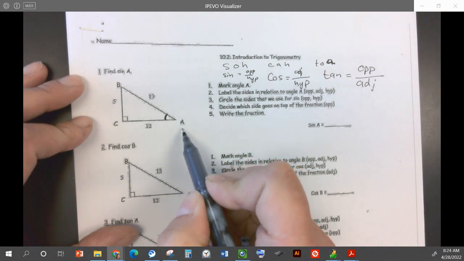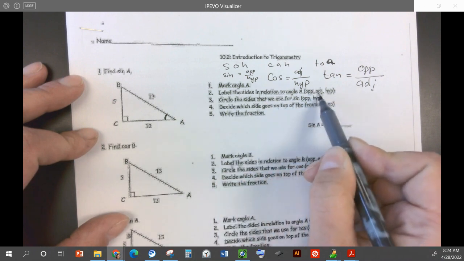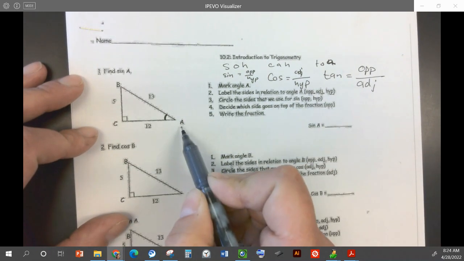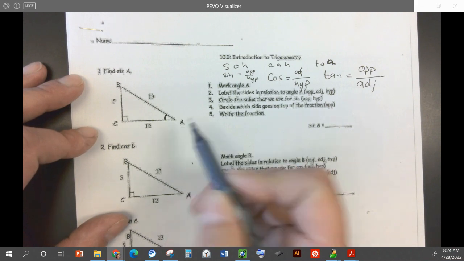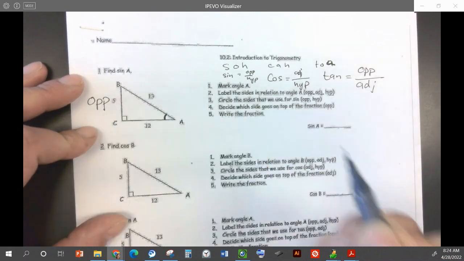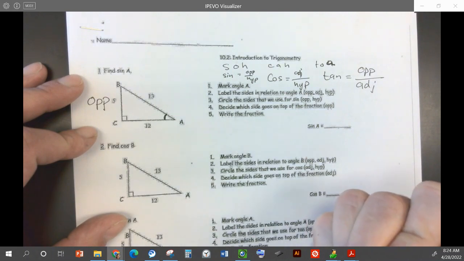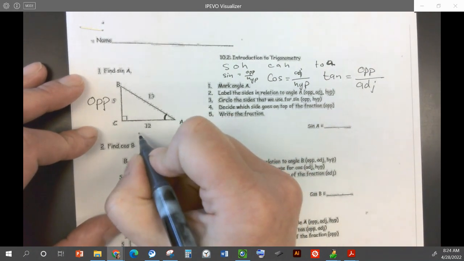So here, I need to label the opposite side of A. It says opposite, adjacent, and hypotenuse. Which side is opposite of the angle A? 5. Good. So it's across from it. I'm just going to label that opposite. Label the adjacent side. Which one's adjacent to A? 12. Good.